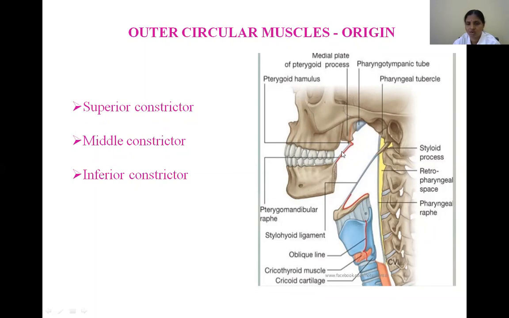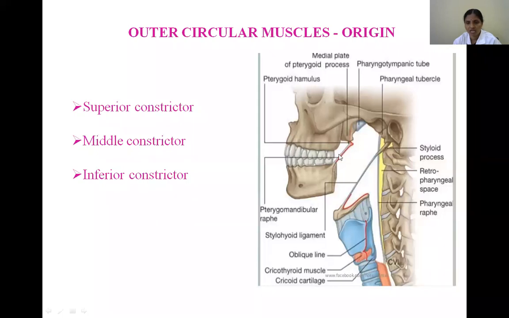So what is this pterygomandibular raphe? It is a fibrous raphe extending from the pterygoid hamulus. And what is pterygoid hamulus? The lower part of the posterior border of the medial pterygoid forms a hook-like projection, which is known as pterygoid hamulus. So from this pterygoid hamulus, a fibrous raphe extends to the mandible just behind the third molar tooth.